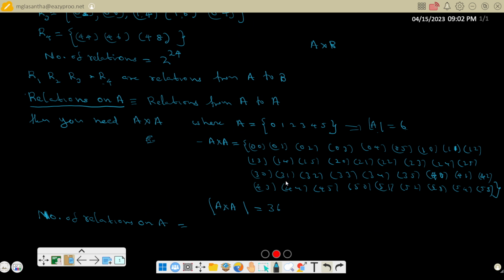That means if you can find the number of subsets, that is the number of relations. Number of relations on A means number of relations from A to A.